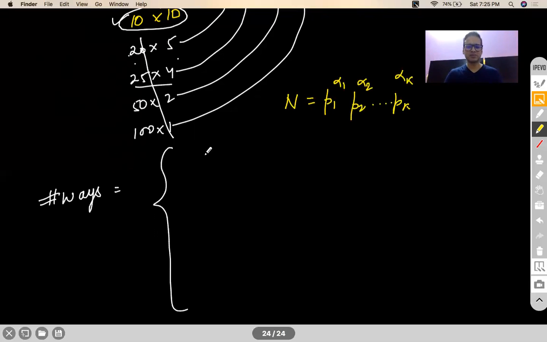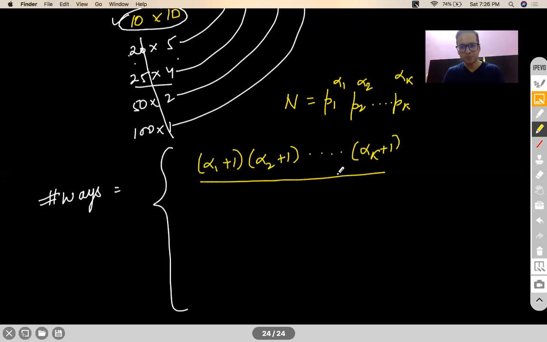So the total number of ways would be alpha 1 plus 1, alpha 2 plus 1, all the way till alpha k plus 1, by 2 if n is not a perfect square.